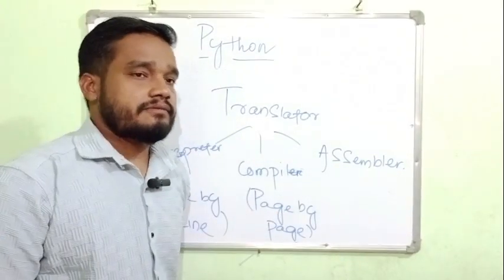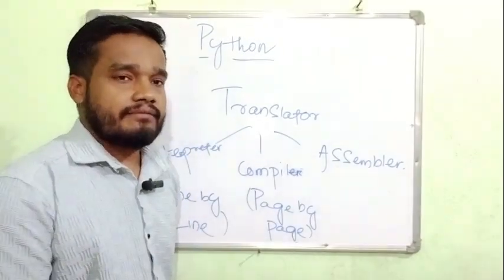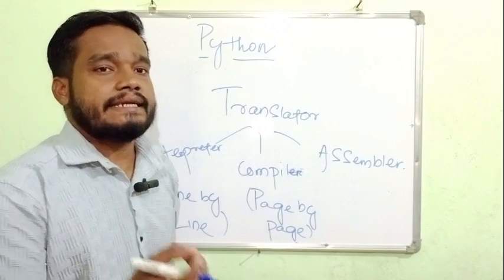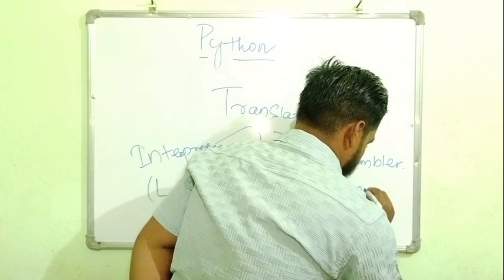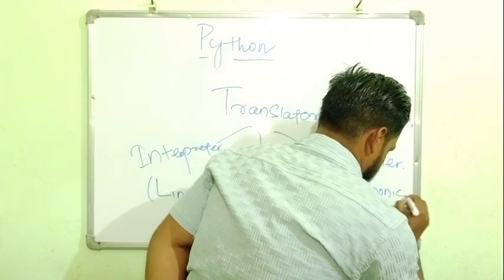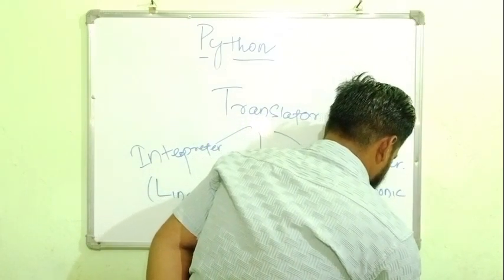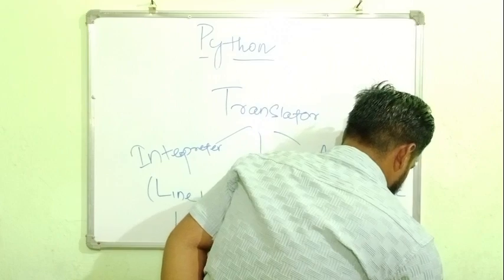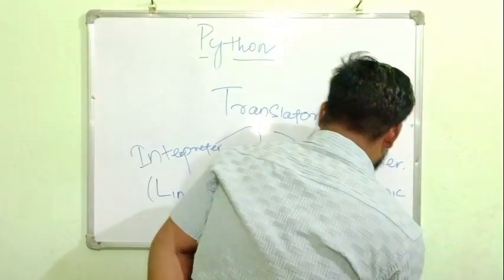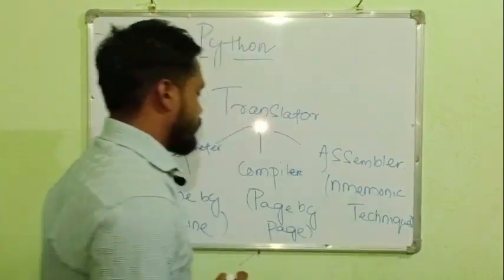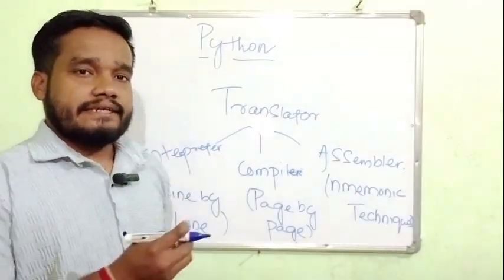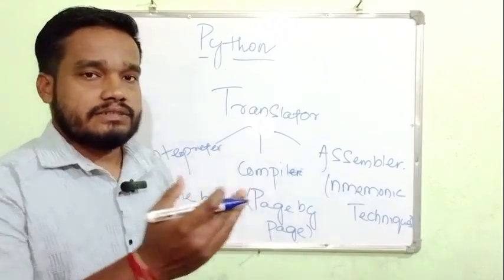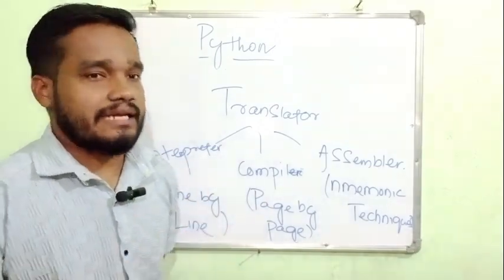Assembler is a kind of translator which has mnemonic techniques. So Python is an interpreted language, meaning it translates the source code line by line.